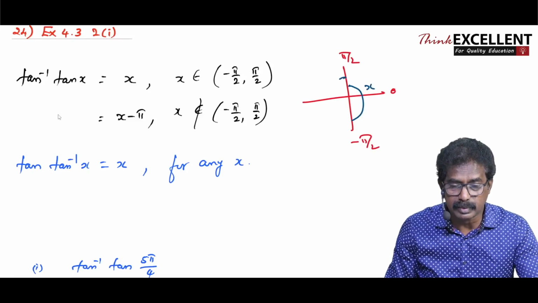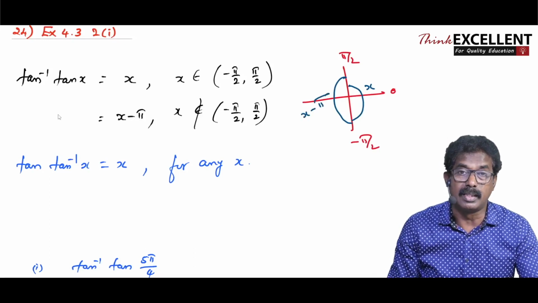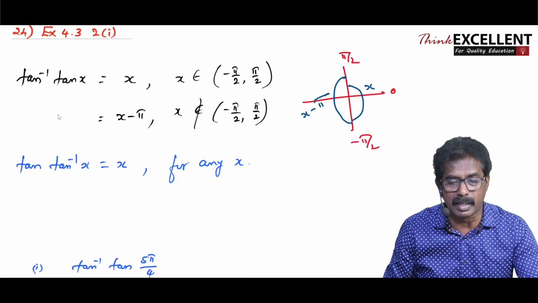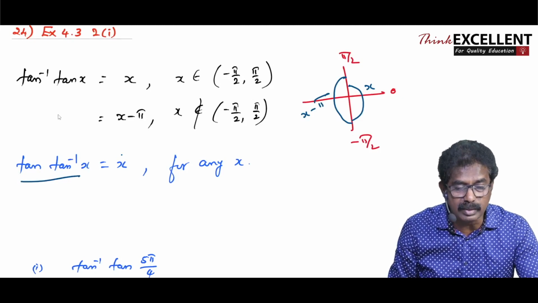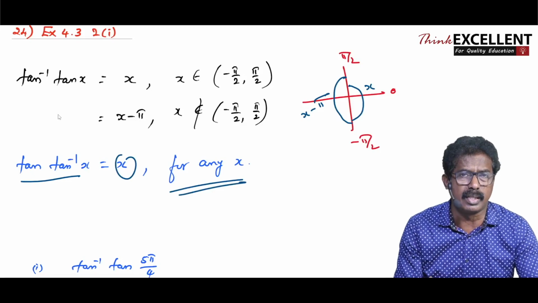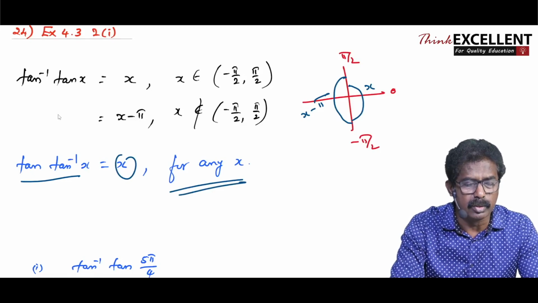Otherwise, if it is in this part, tan inverse tan x is x minus pi. In sine we write pi minus x, but here it is x minus pi. But tan inverse x is always x for any value, there is no condition. Like that, every result you study; we have results for sine and cos also. Then it will be easy for you.